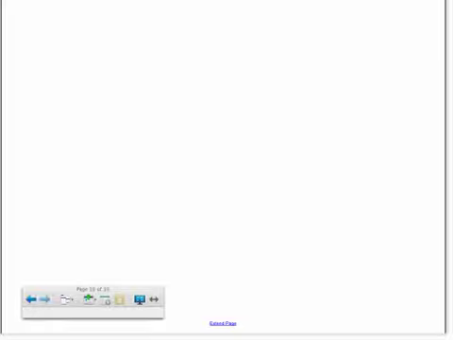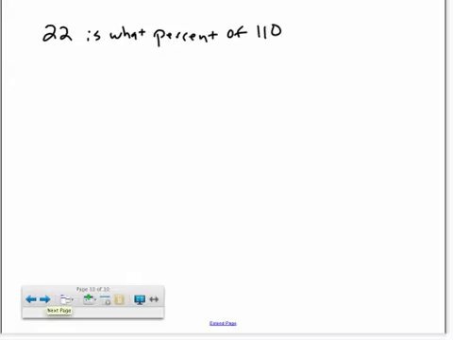It says 22 is what percent of 110? And so as they look at this, we're saying 22 is what part of 110.